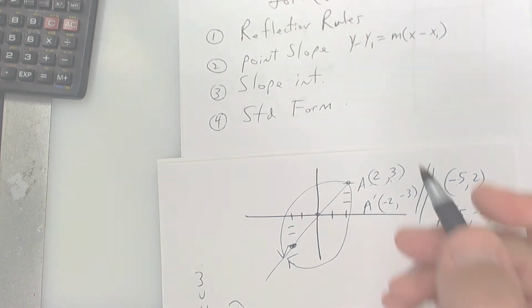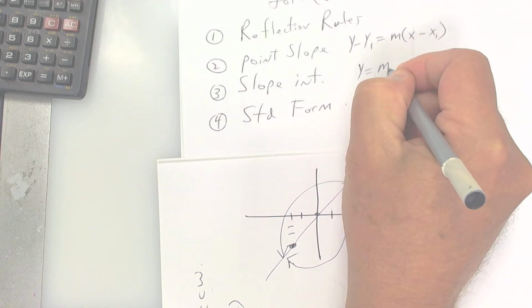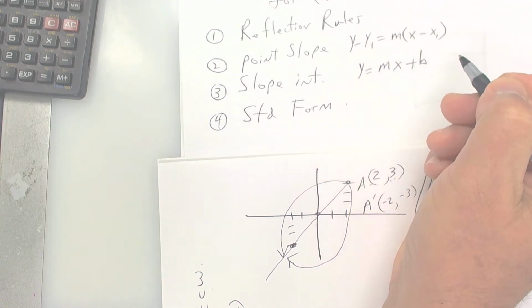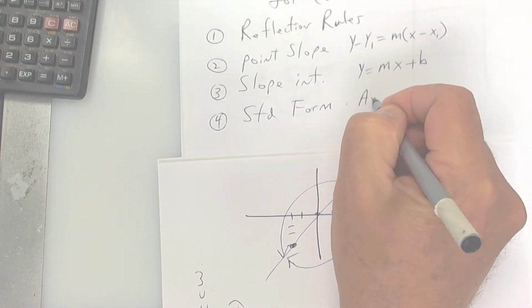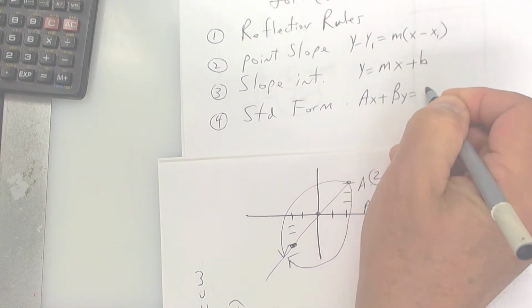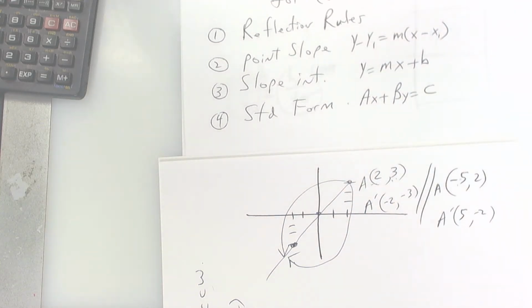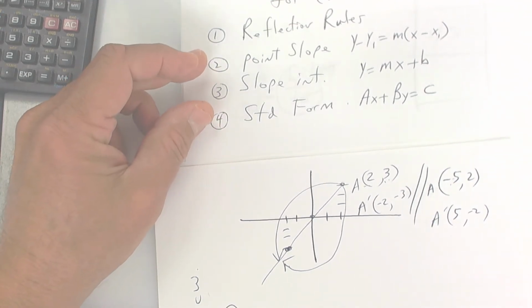Slope intercept is y equals mx plus b. And standard form is ax plus by equals some number. Write those down. These are all things you have to memorize. So when you go home, you pull it out and you start going over the whole thing again. It's going to be on video. That's what I'm doing right now. Any questions on these 3 forms?